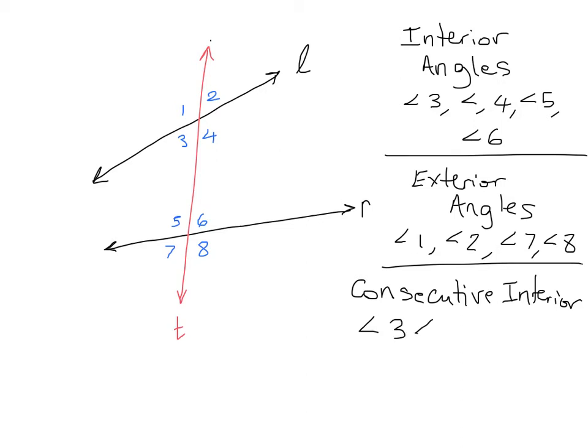So angle 3 and angle 5 are consecutive to each other. But they're not the only consecutive interior angles. If you go on the other side of the transversal, even in the interior, but on the other side, we have angle 4 and angle 6.